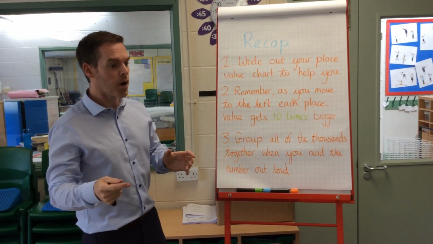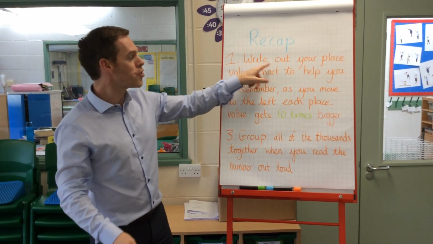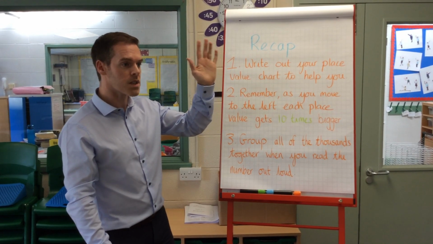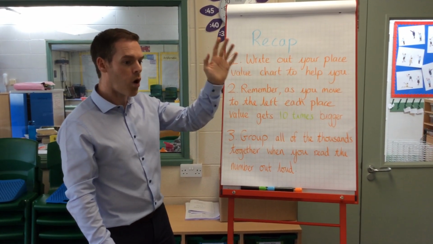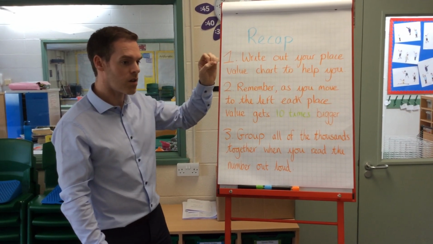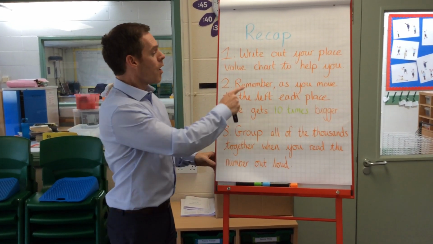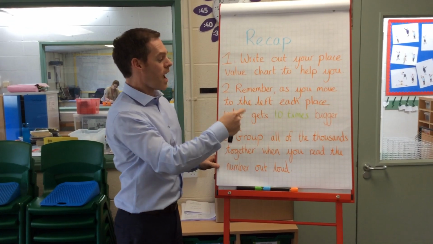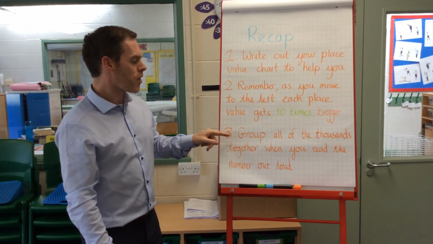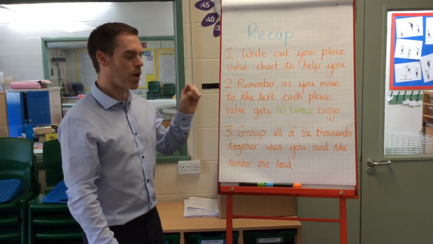So just as a recap, when you've got a large number, you're not sure how to read it, write out your place value chart to help you. Starting with ones, and remember each place value gets 10 times bigger. Ones, tens, hundreds, thousands, 10,000s, 100,000s, 1 million. And remember, as you move to the left, each place value gets 10 times bigger. And then group all the thousands together when you're reading the number out loud.